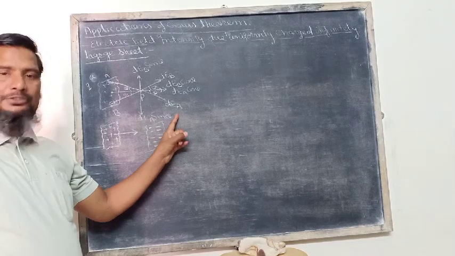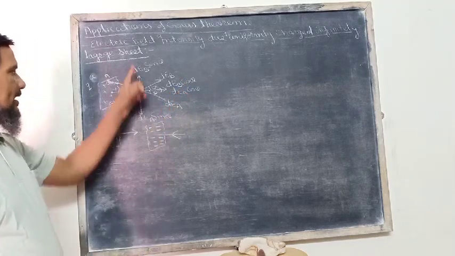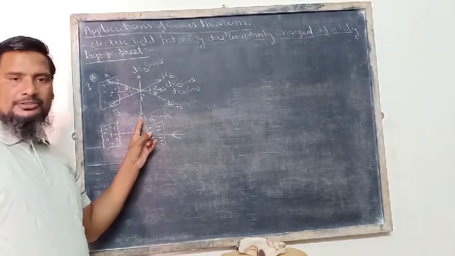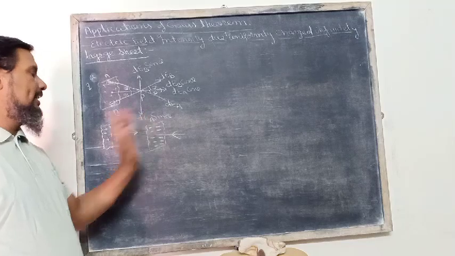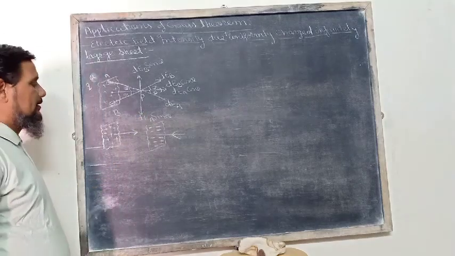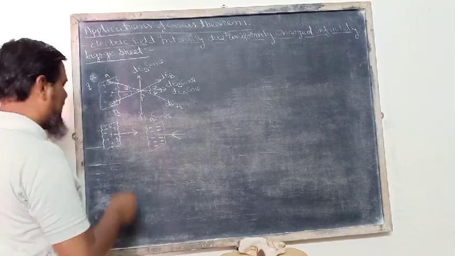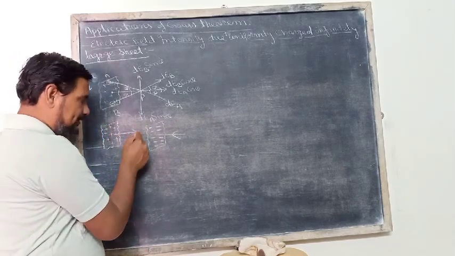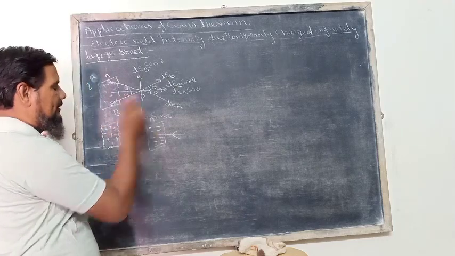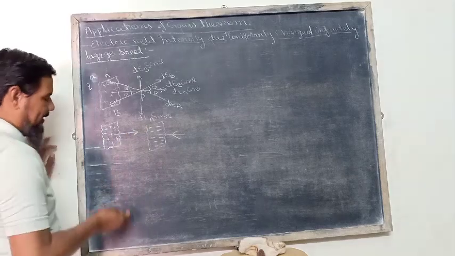They are resolved into components, and their cos components add up while the sine components are equal in magnitude and opposite in direction, so they cancel out. In this manner we determine the direction of electric field intensity due to a positively charged sheet: it is vertically upward, directed away from the sheet.